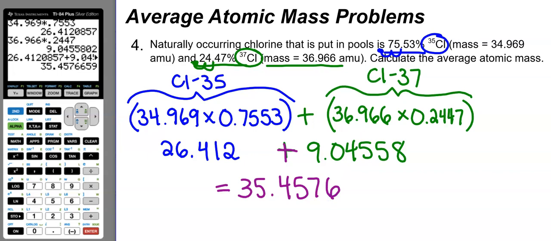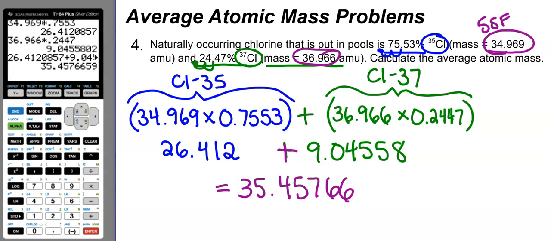That's probably enough digits, but let's go back and check how many significant figures our answer should have. Our final answer should have the same number of significant figures as our mass values, and each of our mass values has 5 significant figures. So our answer should also have 5 significant figures. Maybe I'll write out one more digit, that next 6 that's over in my answer.